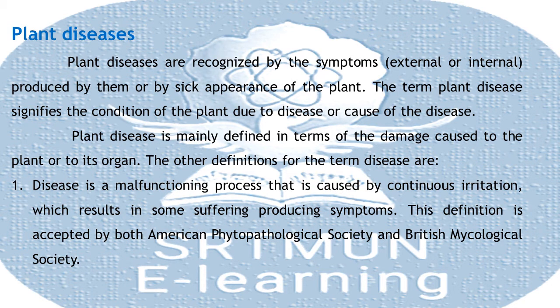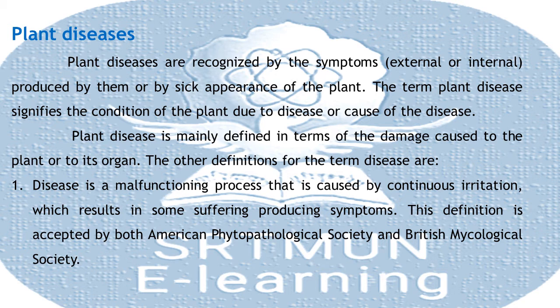Now, plant diseases. Plant diseases are recognized by the symptoms, external or internal, produced by them or by the appearance of the plant. The term plant disease signifies the condition of the plant due to disease or causes of the disease.